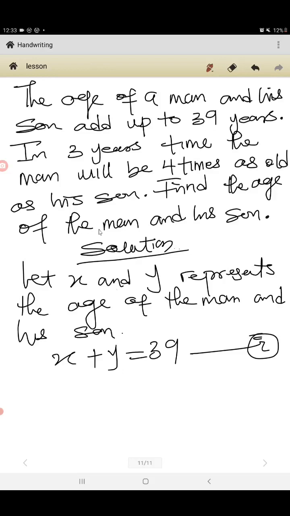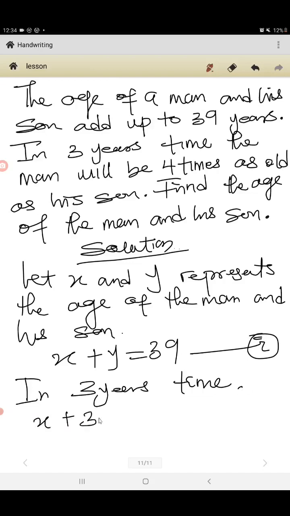The next statement said, in 3 years' time, the man will be 4 times as old as his son. So if the age of the man is represented by x and the son by y, then in 3 years' time, the man must be added with 3 and the son must be added with 3.